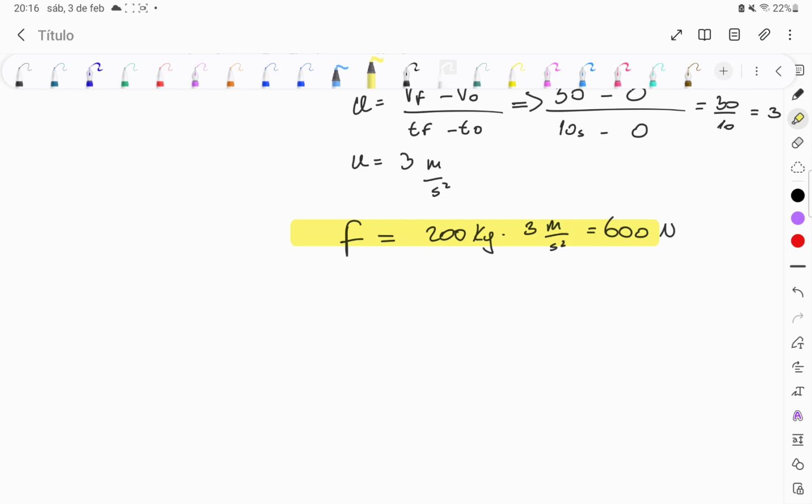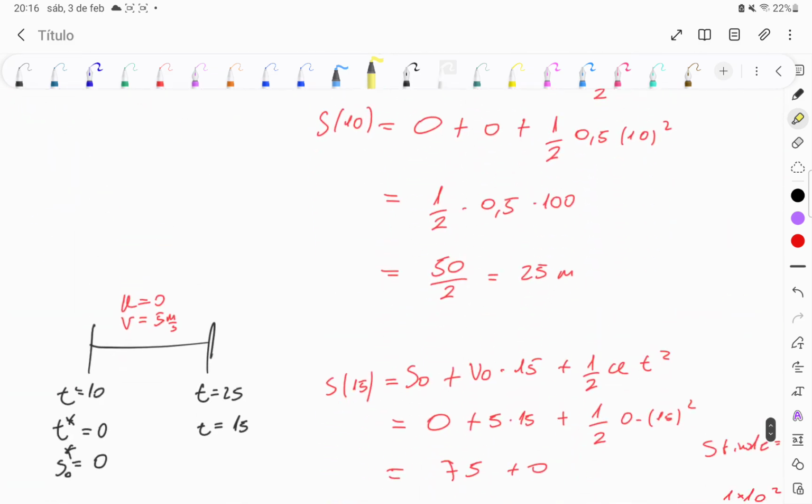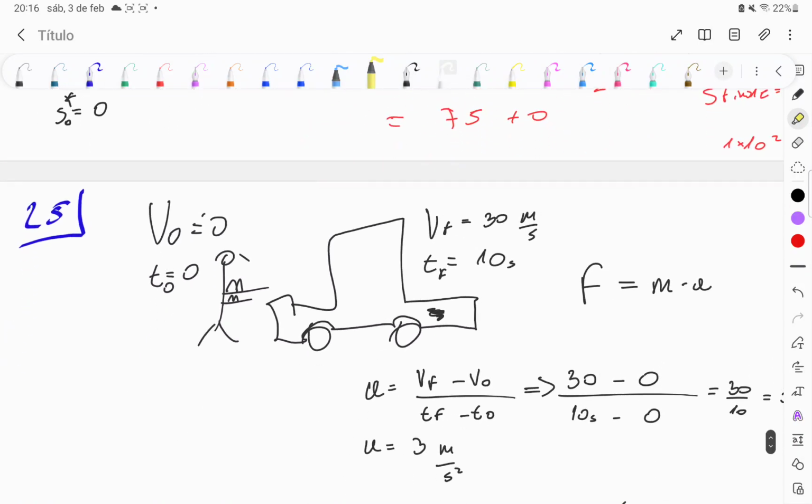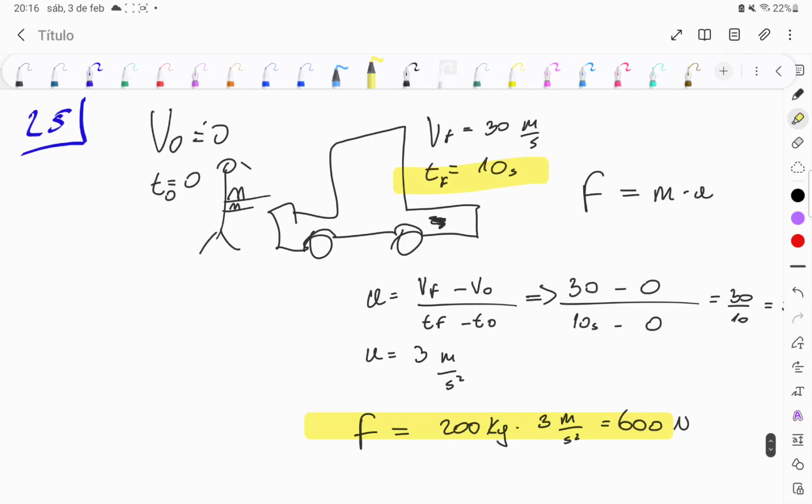The second one says, ¿Quale distanza ha percorso la motocicletta nello stesso tempo? Bueno, as before, here we have a moto rettilineo uniformemente accelerato, because it starts from 0 and the acceleration is constant in a defined time that is 10.